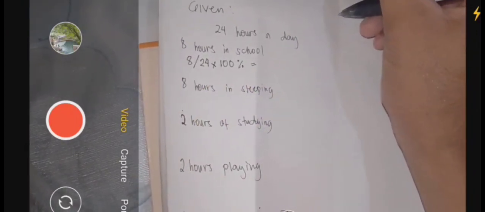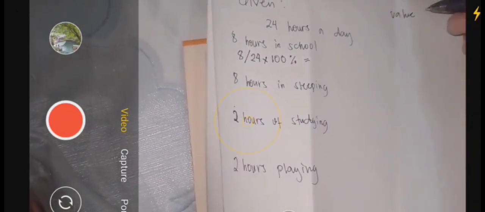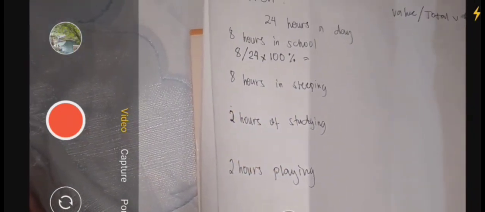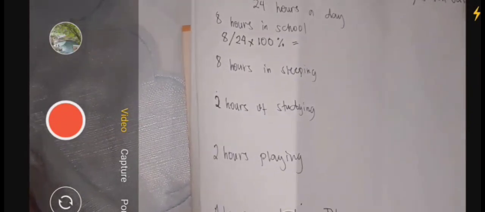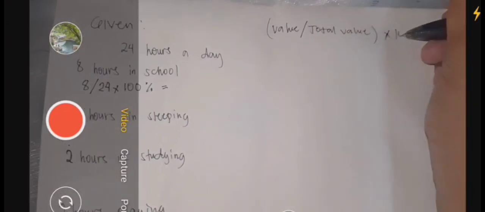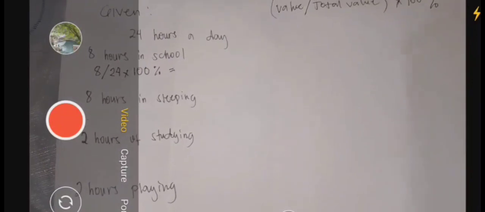So the formula that we use to find the percentage is the value divided by the total value times 100%.